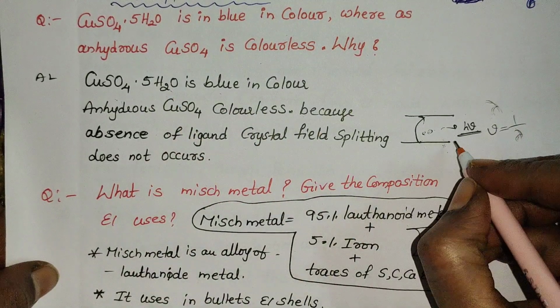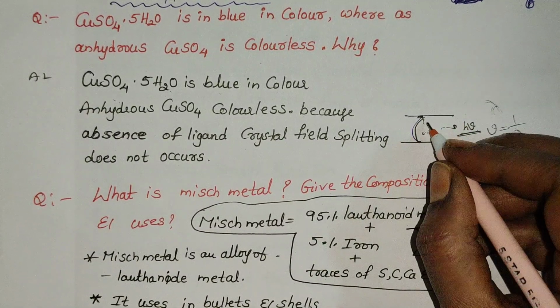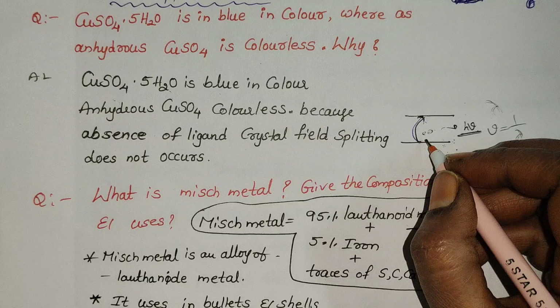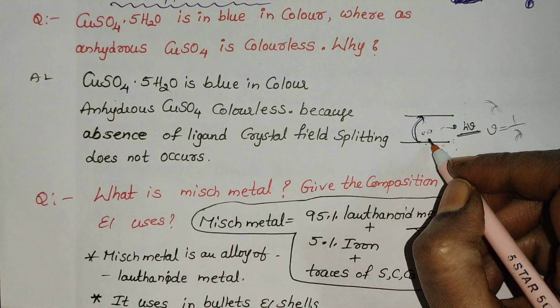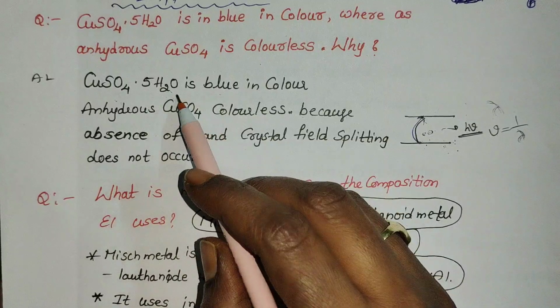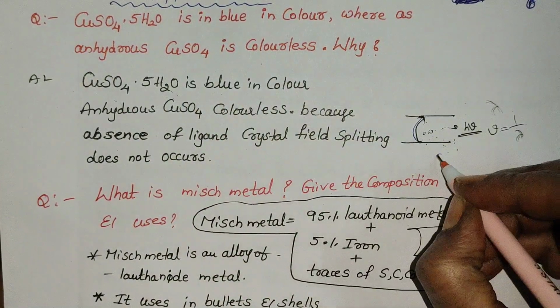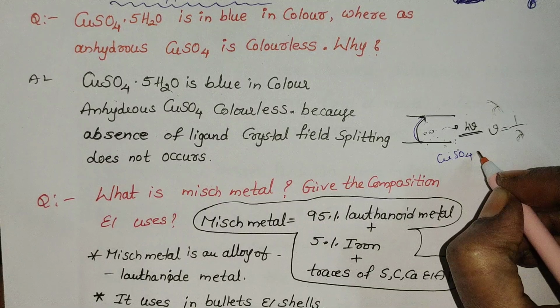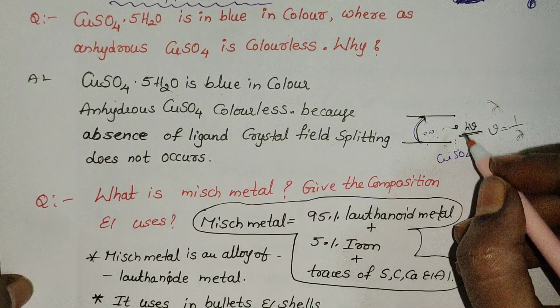That is why, especially in the d subshells, eg to t2g levels, electron shifting occurs, I mean ligands are involved in crystal field splitting. Due to that, hydrated copper sulfate exhibits blue color, but in anhydrous copper sulfate there is only simple copper sulfate, no hydrated molecules, I mean ligands are absent, there is no splitting of electrons.